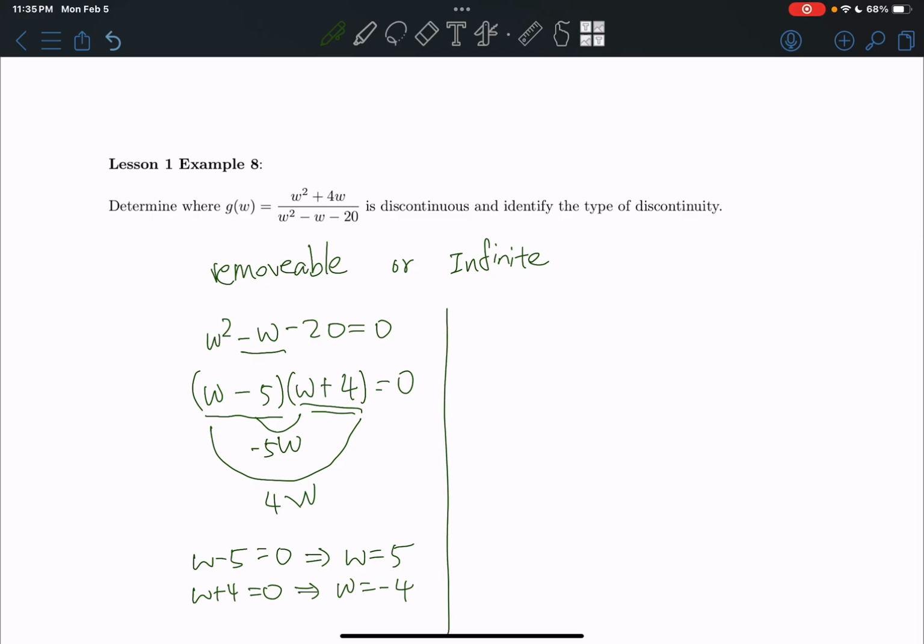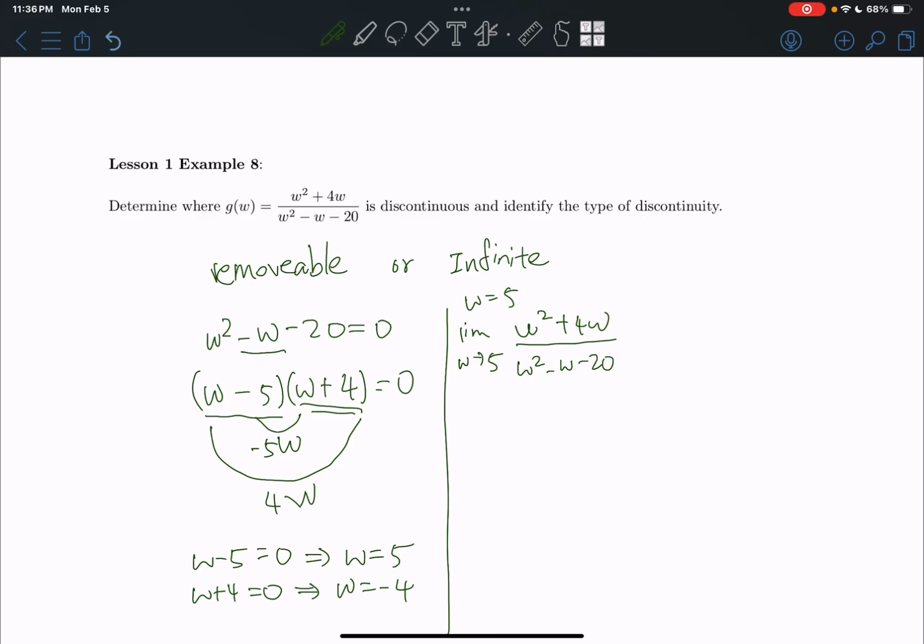The easiest way is to simply plug the value in, aka apply the direct substitution method. If I'm working on w equals 5, what I'm really going for is the limit as w approaches 5 of g of w, which is w squared plus 4w all over w squared minus w minus 20.